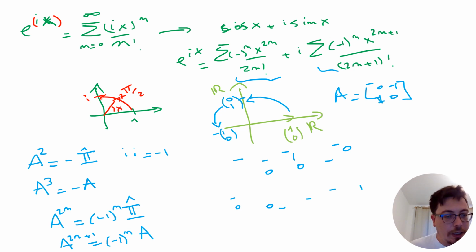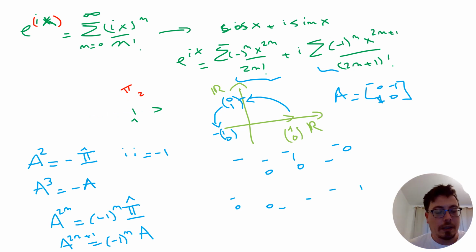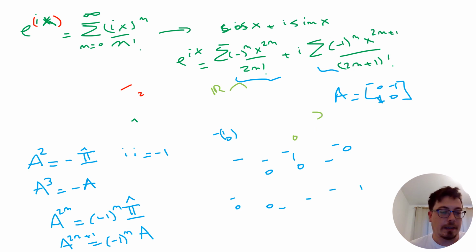The only thing that changes is that now we will be able to sum these two components because we are dealing with matrices and not with complex numbers with the imaginary part. So we will get a different result in the end, as I will show you.